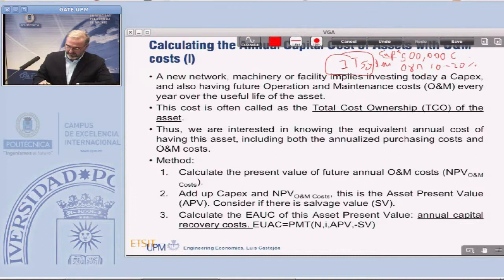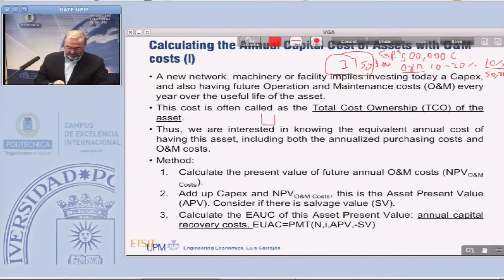Let's imagine this is the 10%. So annually you have to spend in operating and maintaining this machine 10% of the capex. So you have an operation and maintenance cost in the future of 10% of 500,000, which is 50,000. And then you want to know what is the total cost of ownership of this IT system you have constructed.